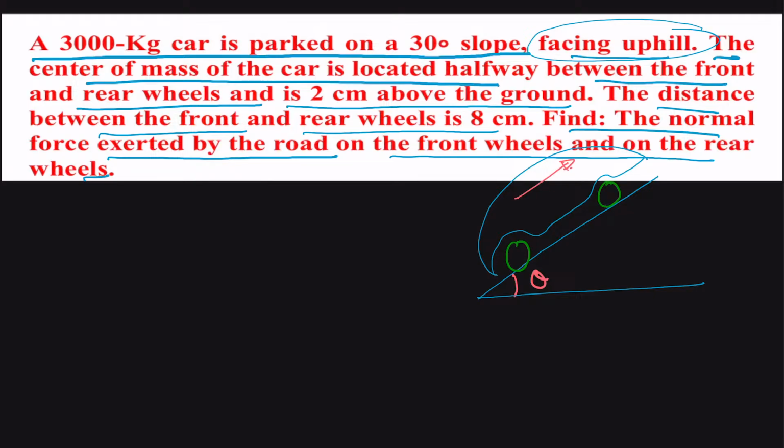And we are given that the distance between the front and rear wheel is 8 cm. So in this case, let us assume that our rear wheel is our origin. Okay, so this is our origin having coordinate 0, 0.